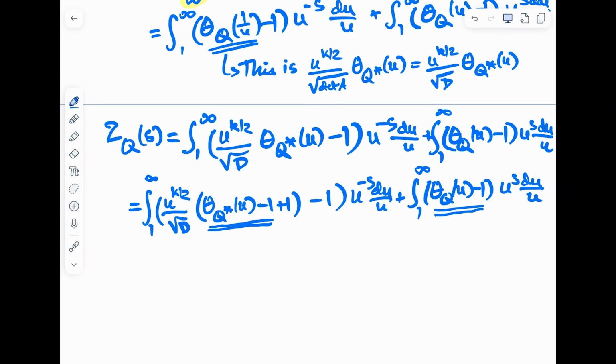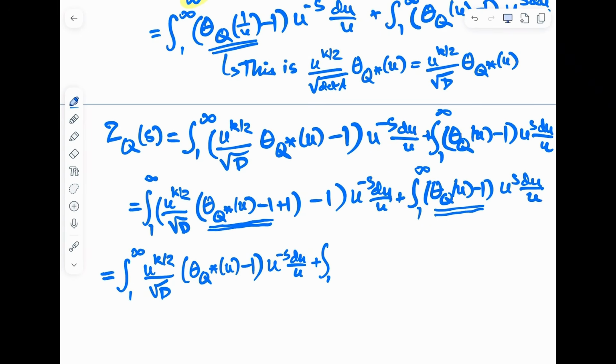So we can break up this first integral into 2 parts. So that looks correct. I'm going to distribute everything else.